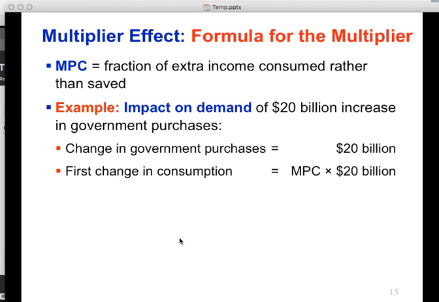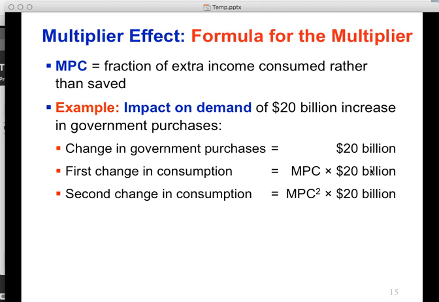But then when they spend that, it also ends up going to businesses, which ends up going to their workers or their owners or their stockholders or their suppliers. But bottom line, that amount also ends up in consumers' pockets, which then gets spent. How much of it gets spent? Well, we have to multiply it by the marginal propensity to consume again. So we take this MPC times 20 billion, multiply it by MPC again, and we get MPC squared times 20 billion.